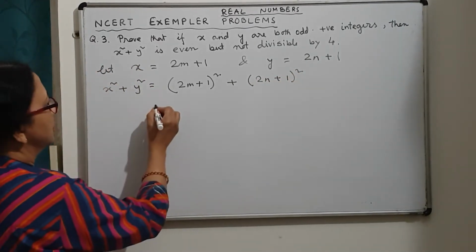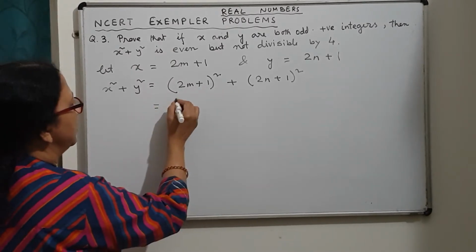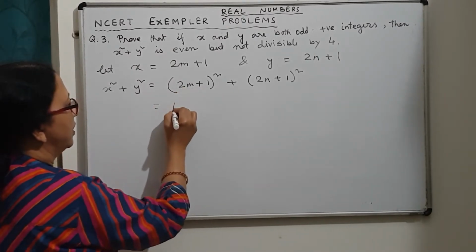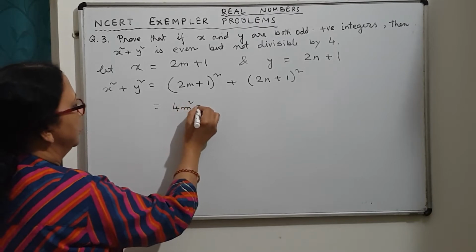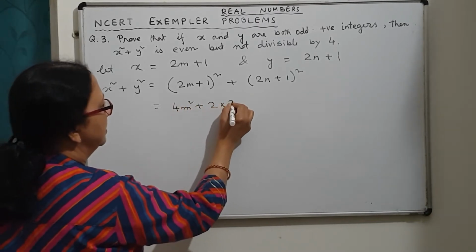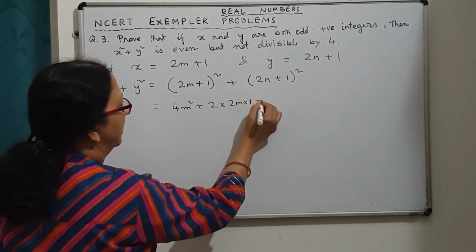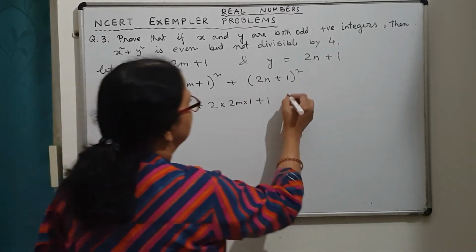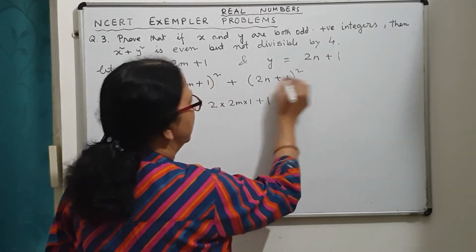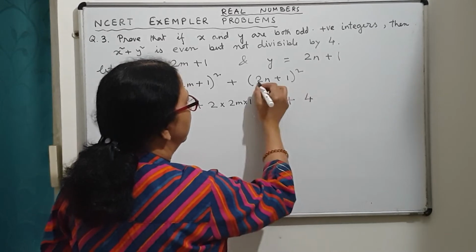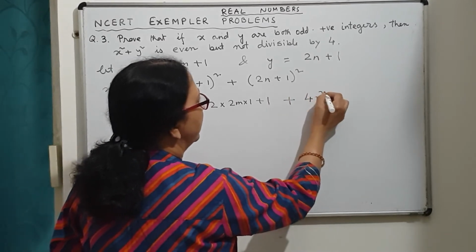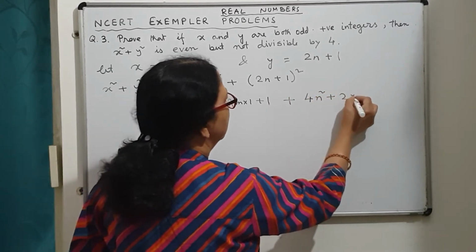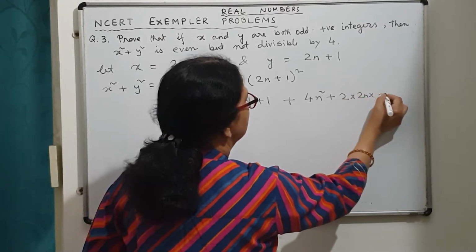By the identity (a plus b) whole square, with a equal to 2m, we get 4m square plus 2ab plus b square. Similarly, let me expand this one also: a is 2n, so 4n square plus 2ab plus b square.